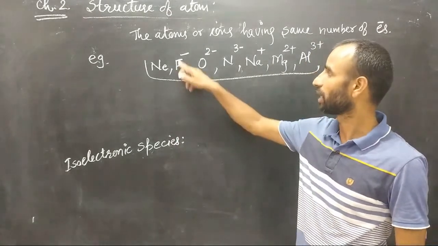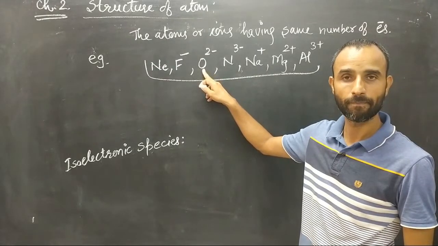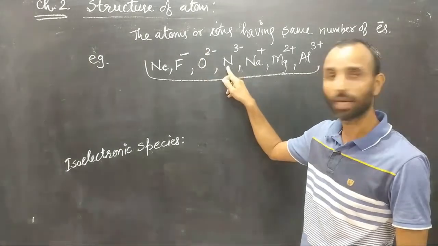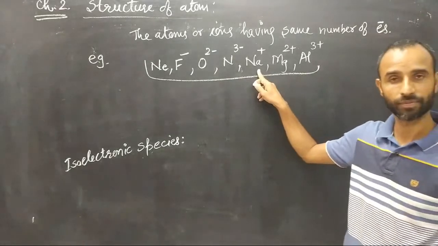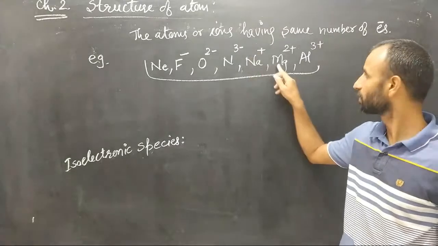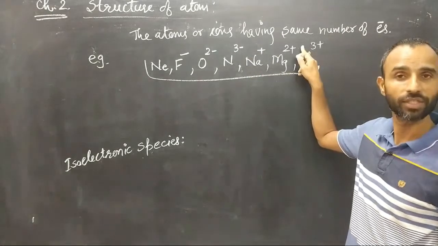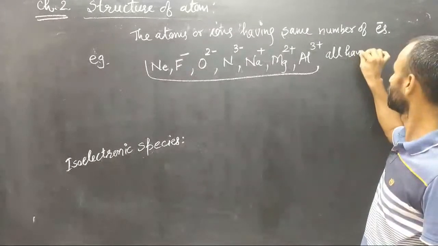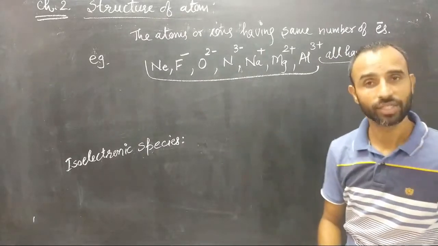Okay, so 9 plus 1, 8 plus 2, 7 plus 3, 11 minus 1, 12 minus 2, 13 minus 3. So all have 10 electrons. So they are isoelectronic species.